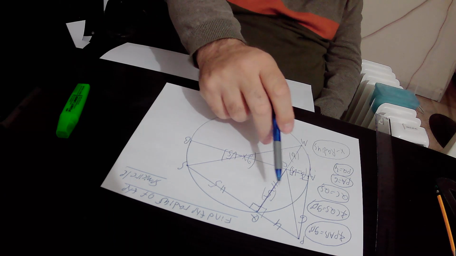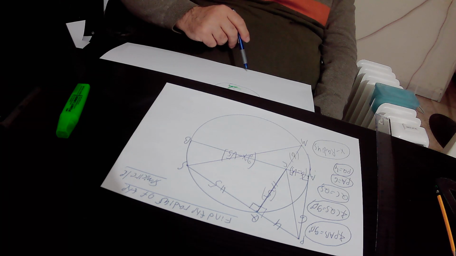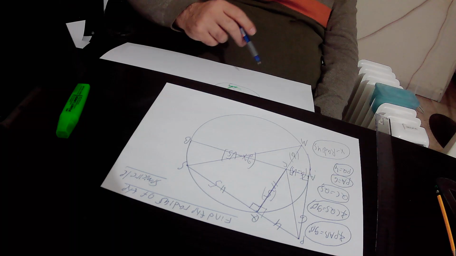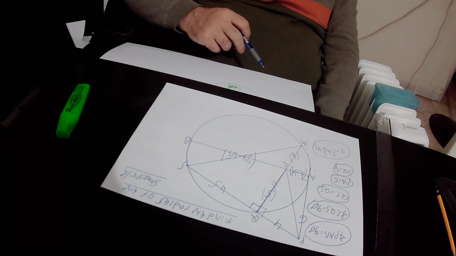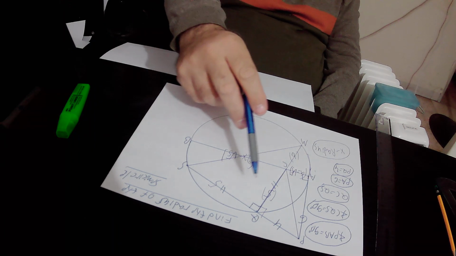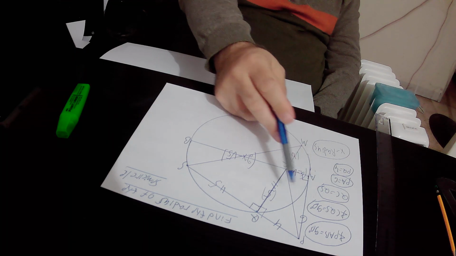Again, this peripheral angle MQS equals 90 degrees, according to what is given in the question. Angle CQS is equal to 90 degrees.